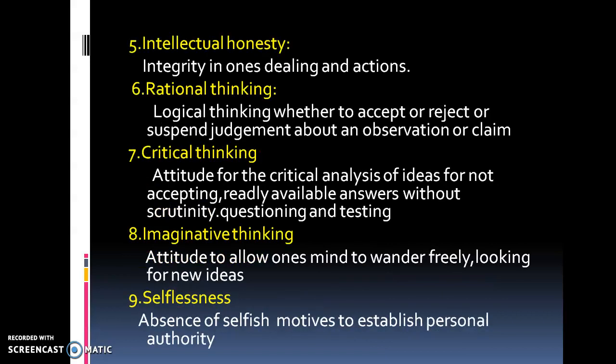Then the fifth one is intellectual honesty. Integrity is needed for scientific investigation. That means if we are doing an experiment, we need to have integrity between the idea in our mind and the actions that we do in the scientific event. We need to integrate all these things.